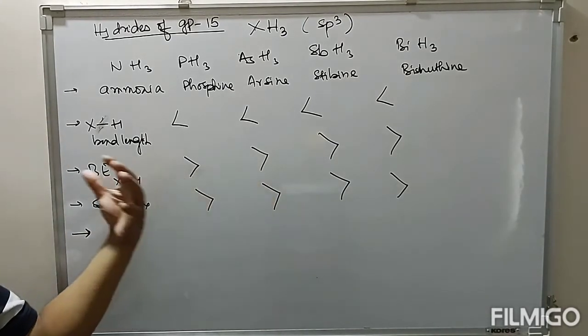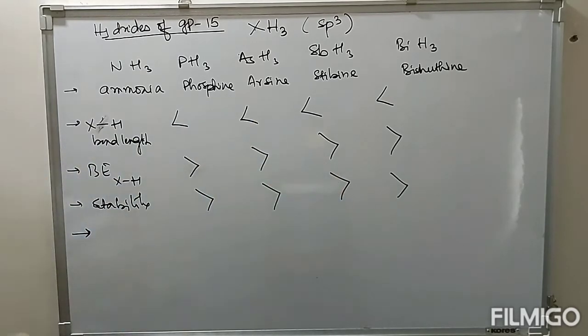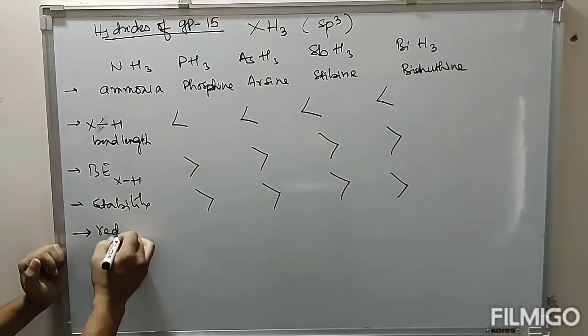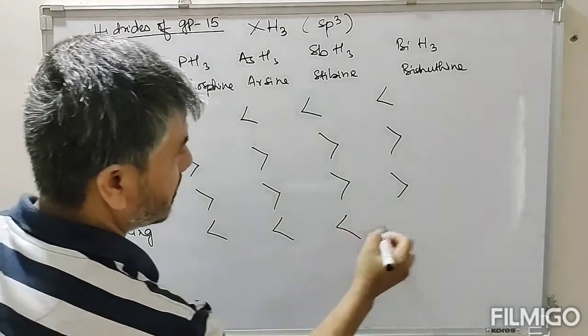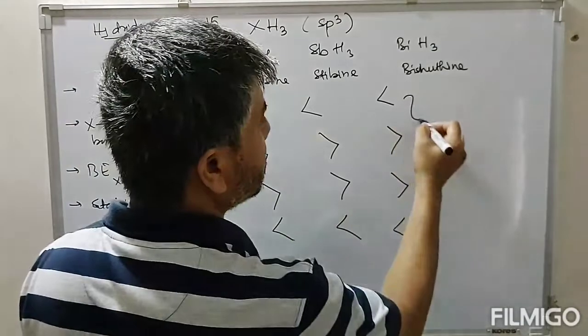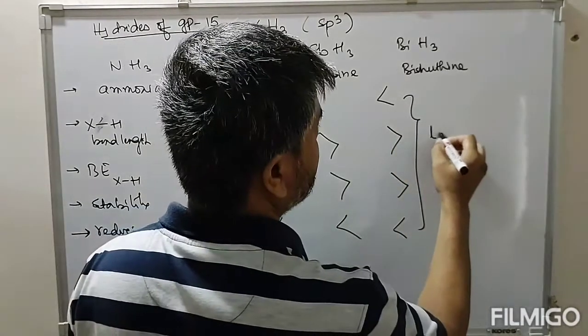Now, as the stability of these hydrides decreases due to the larger difference in size, these hydrides also show reducing character. So again the reducing character increases, all due to the larger difference in size.